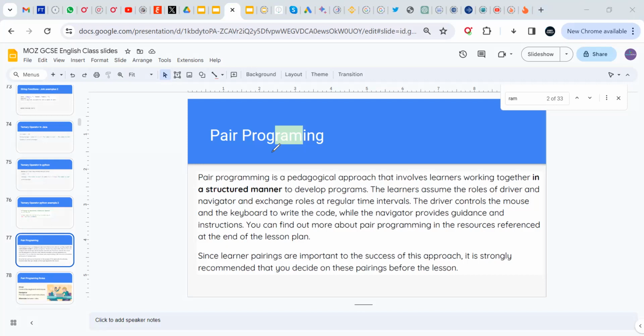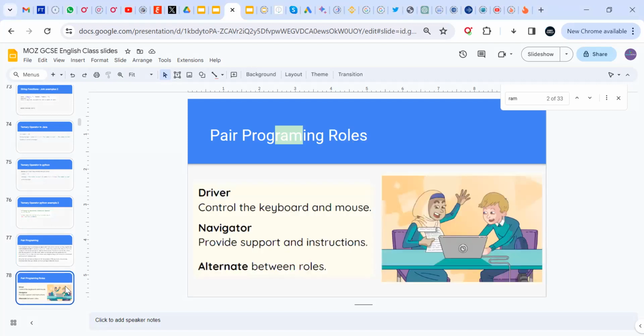So pair programming is meant to say what? When a programmer sits down to write the code to solve a problem, they sit down in pairs. Pairs mean two programmers sitting together to write the code, not using two computers, but actually using one computer. And they have two roles.